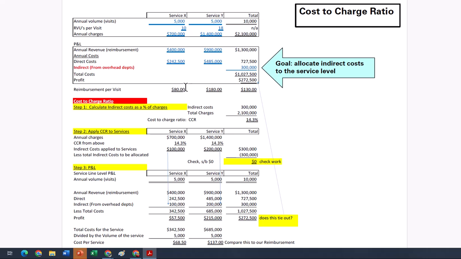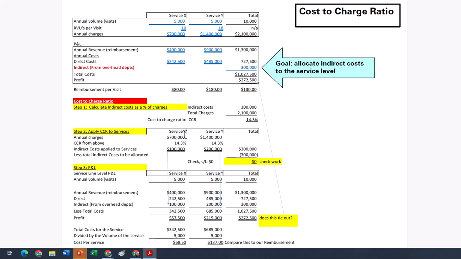If we were going to allocate the indirect costs of the department to specific surgeries, we would start with our charges of $2.1 million and our indirect costs, and indirect costs divided by total charges is 14.3%. Indirect costs, given by the problem as 300,000, divided by our charges is 14.3%.